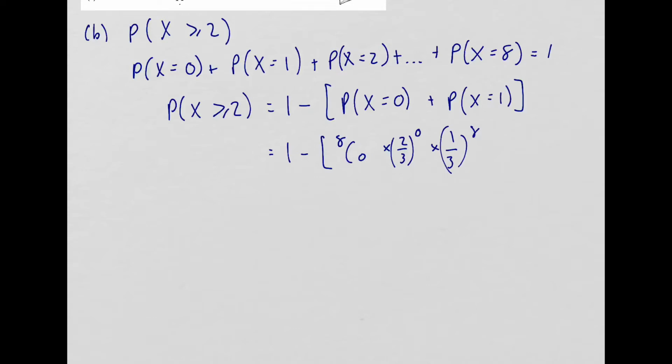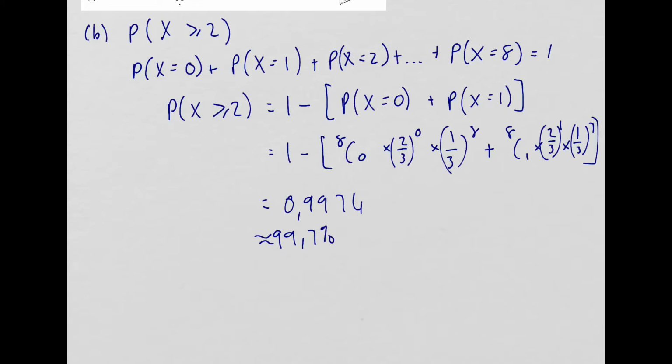And then to that we add the probability that x is 1, which will be 8 choose 1 times 2/3 to the power of 1 times 1/3 to the power of 7. Putting that onto our calculator, we get 0.9974, which is roughly a 99.7% chance.